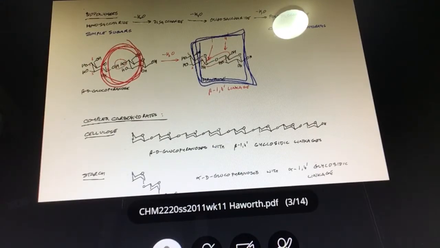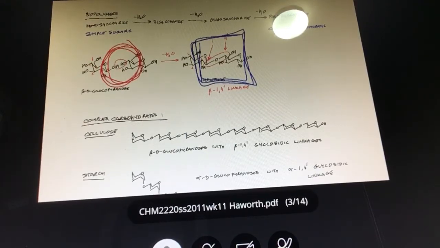And when we look at the carbon on the left, it belongs to a glucose, and the ether is being made from the anomeric carbon, carbon number 1. And then it's going into the other molecule at carbon number 4. So this is a 1,4 linkage.